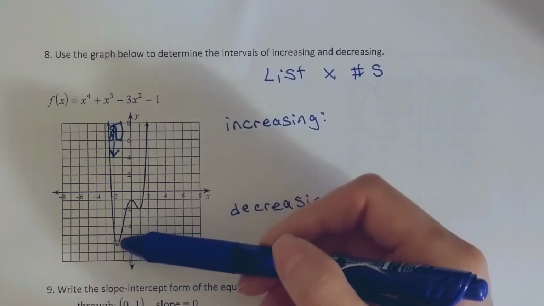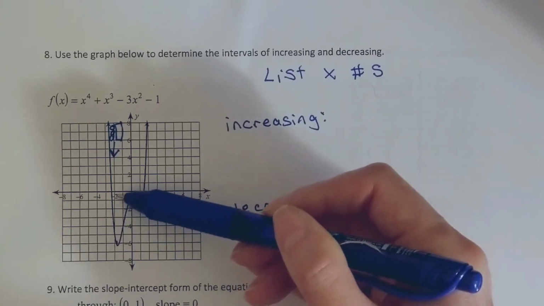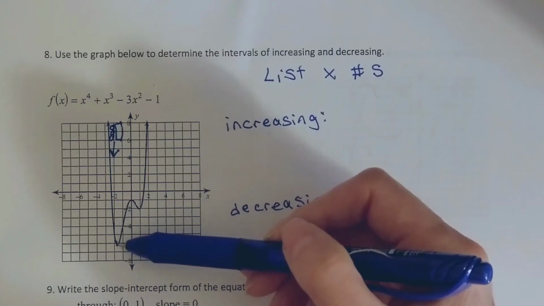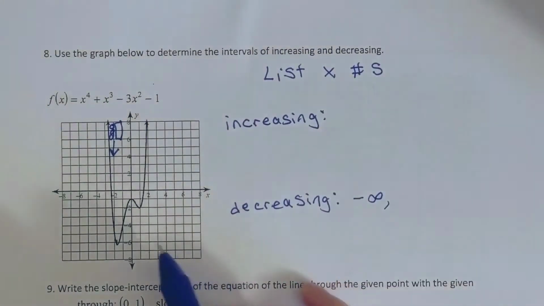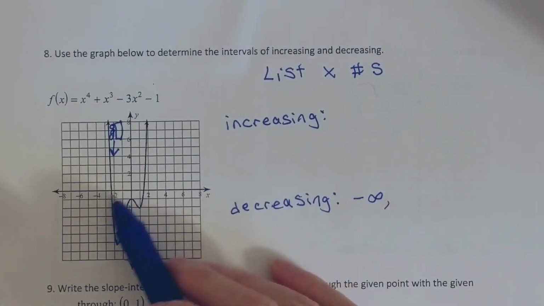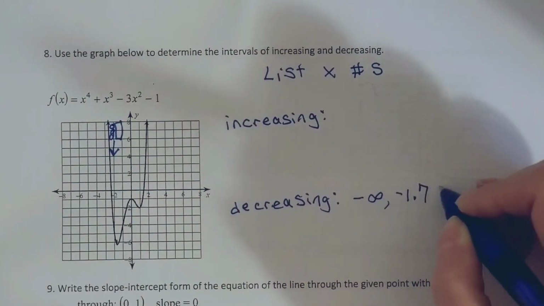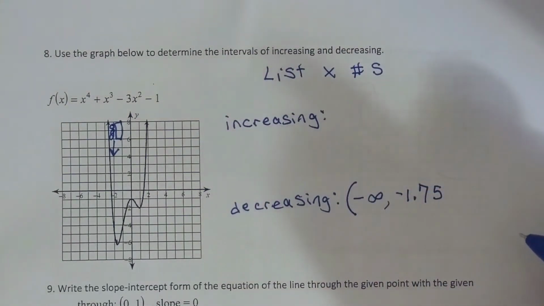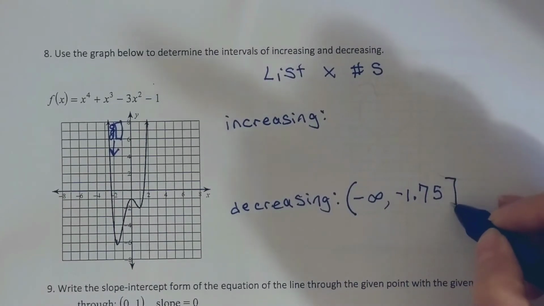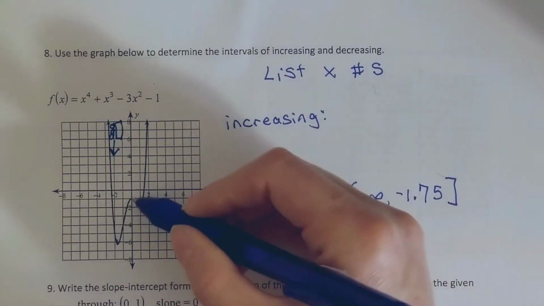Now I need to list the x coordinate, so I need to read that up here at the top of the graph. And that looks like it's pretty close to negative 2. So anything between negative 1 and negative 2, she won't trick you with that. So we'll go negative 1.75. Okay. So that will get a parenthesis. And this will get a bracket. All right. So from here to here is going to go up.